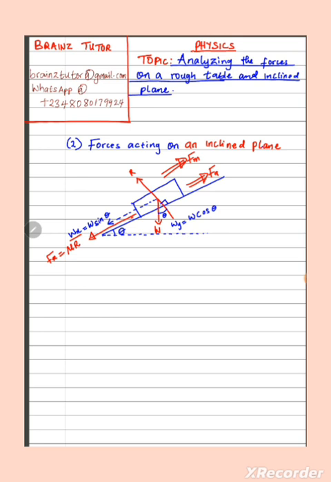So to balance this off, we are going to be resolving both vertically and horizontally to resolve all the forces acting on this block. The first one we'll do is resolving horizontally.